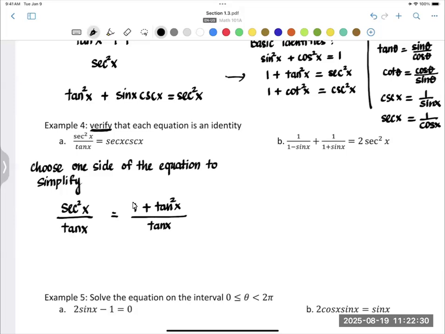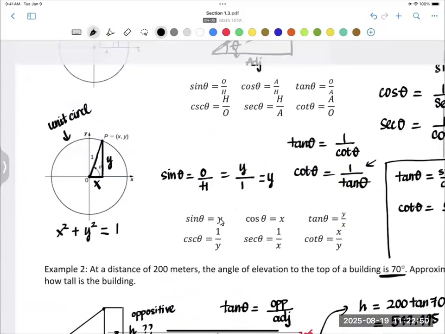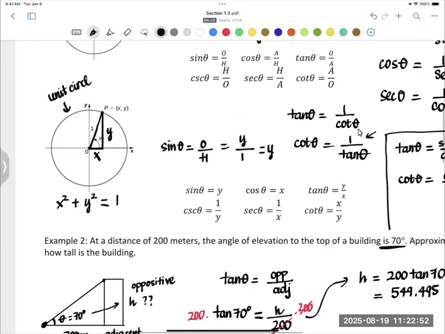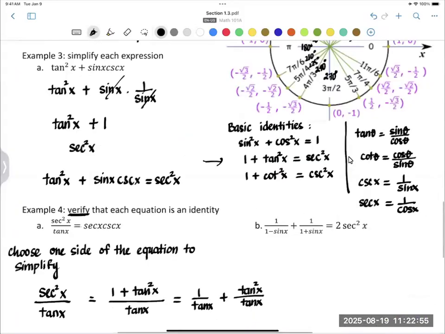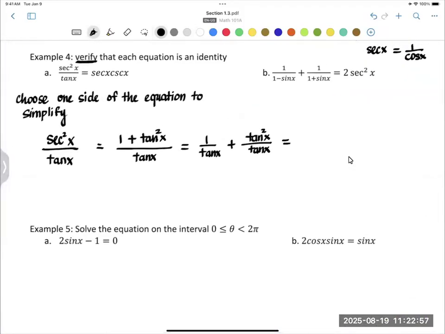I'm going to break down the fraction as 1 divided by tangent x plus tangent square x over tangent x. If I follow the flow, 1 over tangent x is actually cotangent x. So I will have cotangent x plus tangent x.